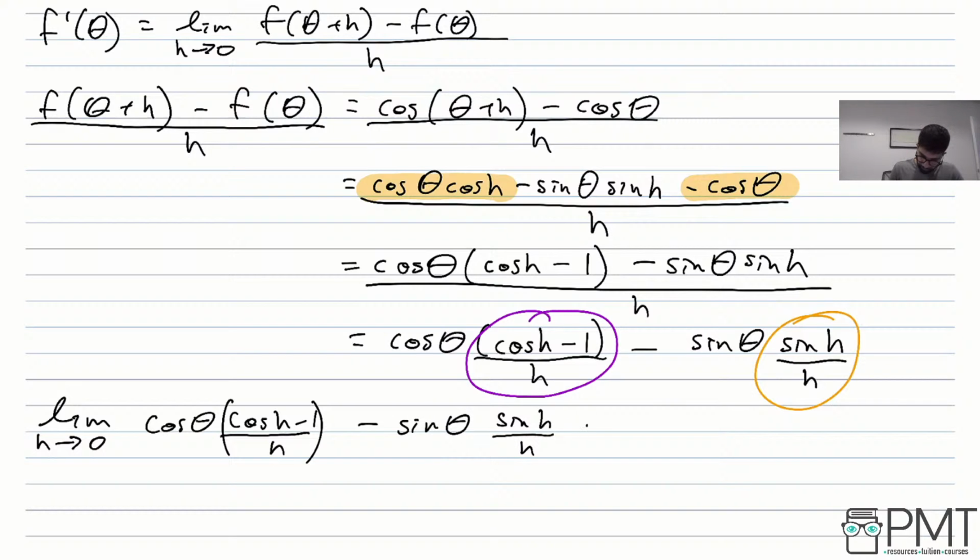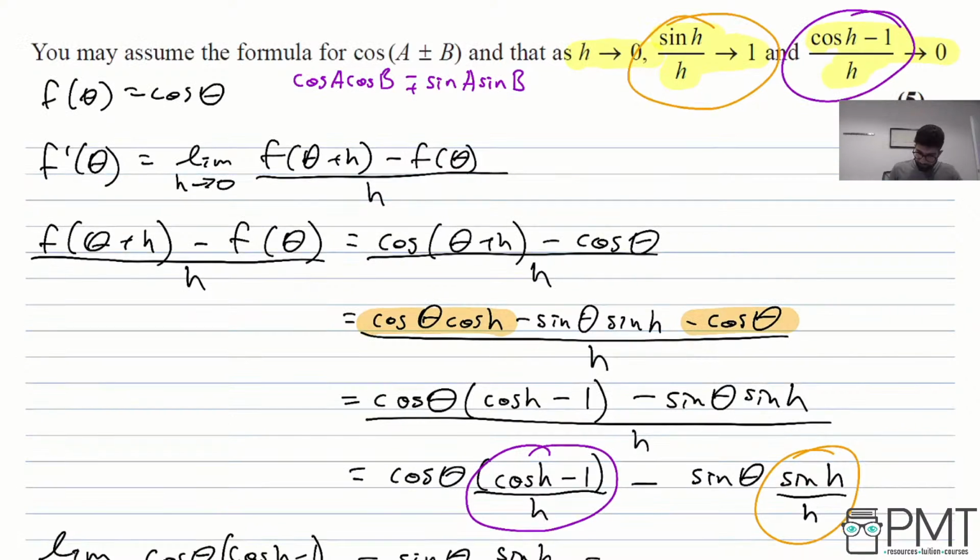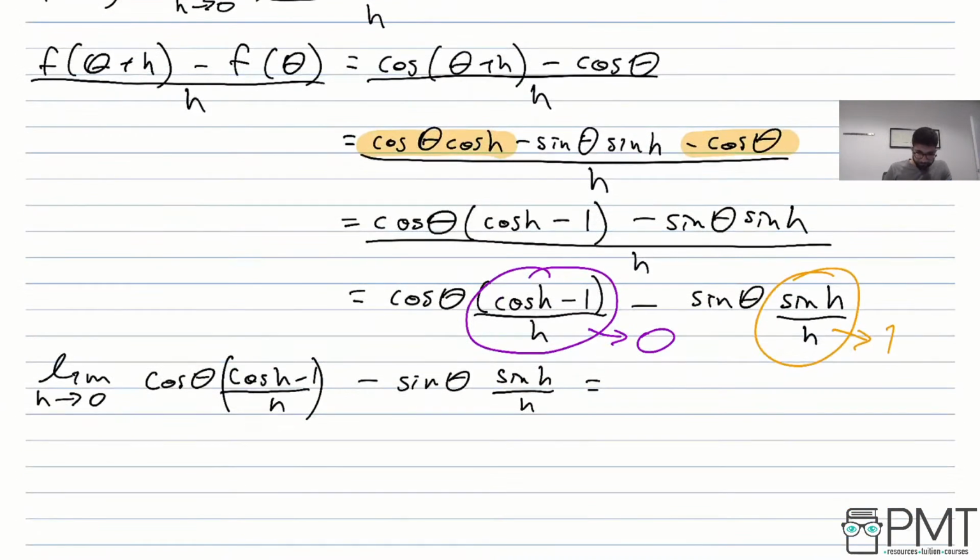times sine h over h. So remember what we were given was this is going to approach 1 and this is going to approach 0. So when h is very small, that's what you get out from sine h over h, and you get 0 from the cos expression. What you need to do is simply substitute them in.